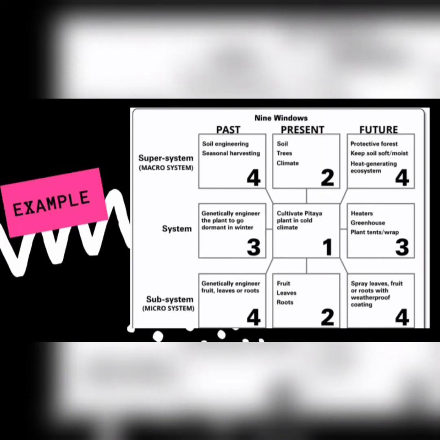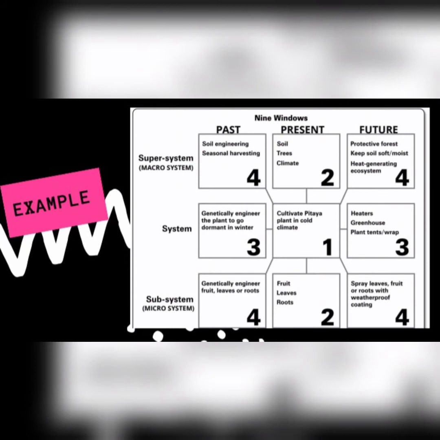Here is an example. As I said before, the problem will be located in the center, which is in the cell system and present. In this case, the problem is cultivating pitaya plant in cold climate.